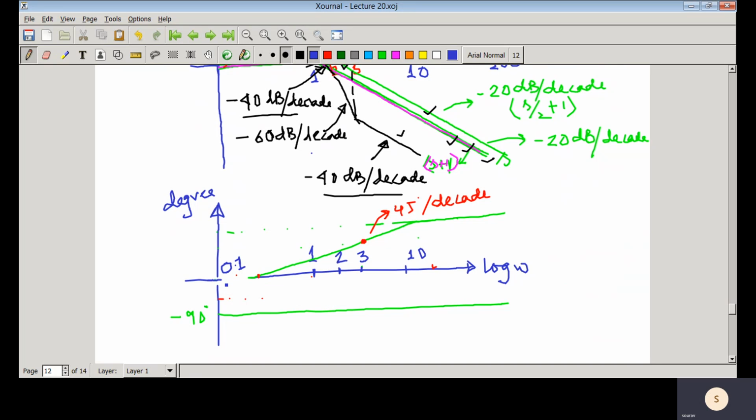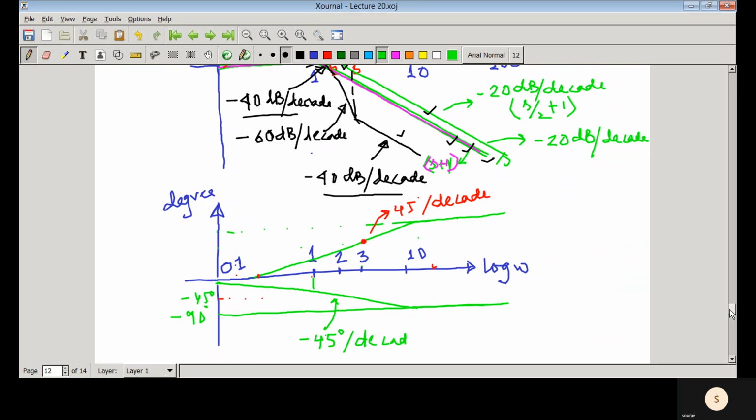So that would be like this. So this slope is minus 45 degree per decade, and here we can see at 1 it would be minus 45 degree.